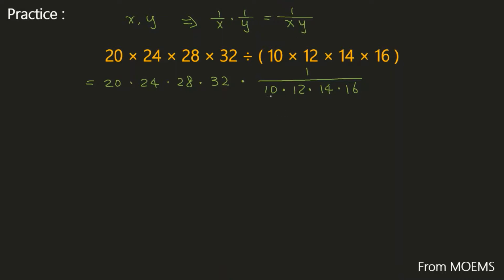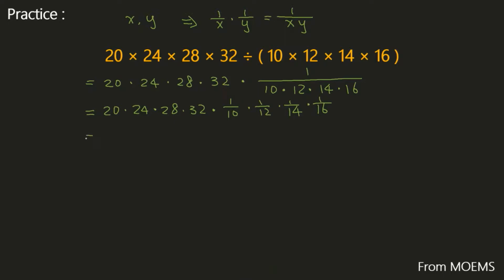So in here, we have a reciprocal of product, and we can rewrite this as a product of reciprocals. So this becomes 20 times 24 times 28 times 32 times 1 over 10 times 1 over 12 times 1 over 14 times 1 over 16.